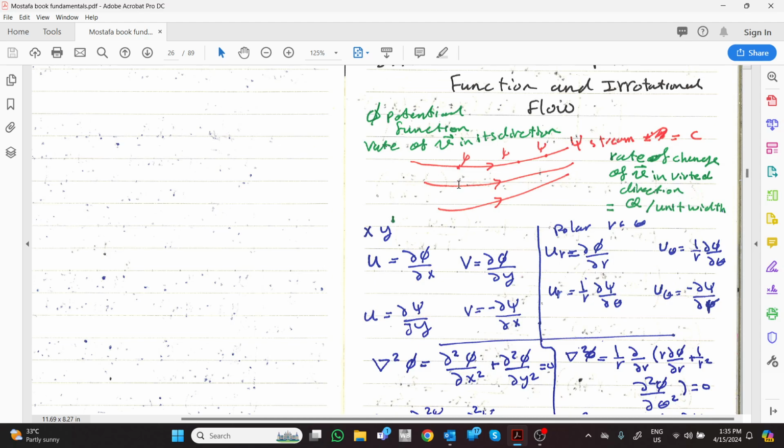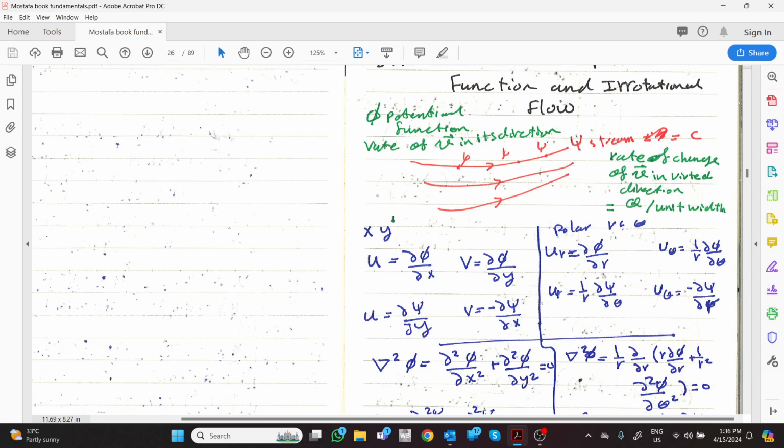Now the stream function, which is maybe a little bit similar, is about what is the change, for example, in u, which is in the x direction, in the vertical axis, in the case of this streamline.